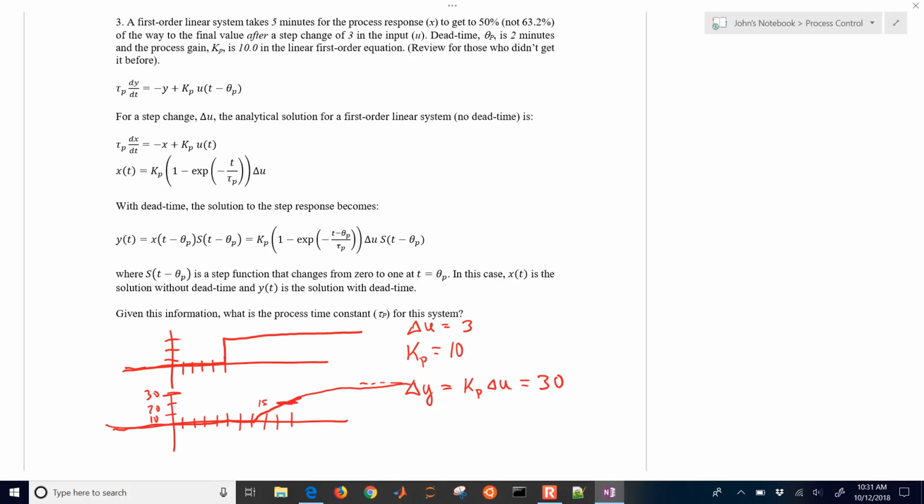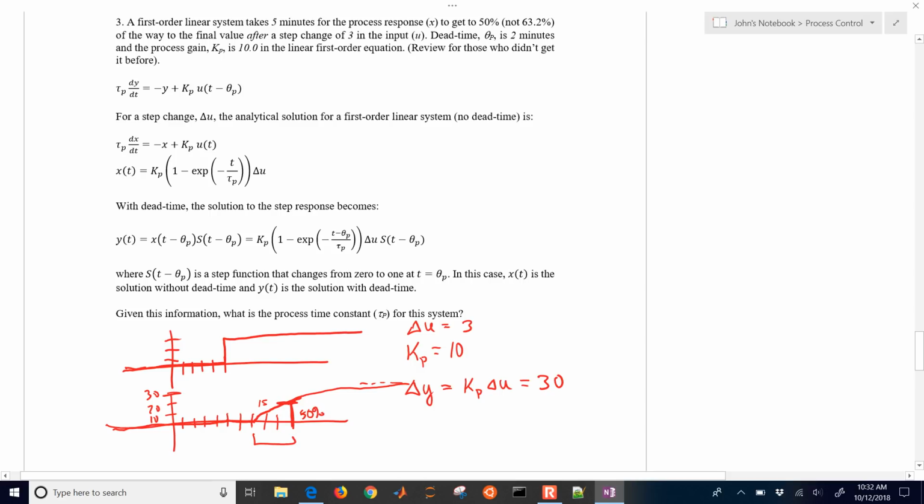So we want to try to get the process time constant for this system. So let's see if we can write out the formula and use those to be able to calculate the time constant. Okay, so this was 3 minutes after, and that was to get to 50% of the way there.